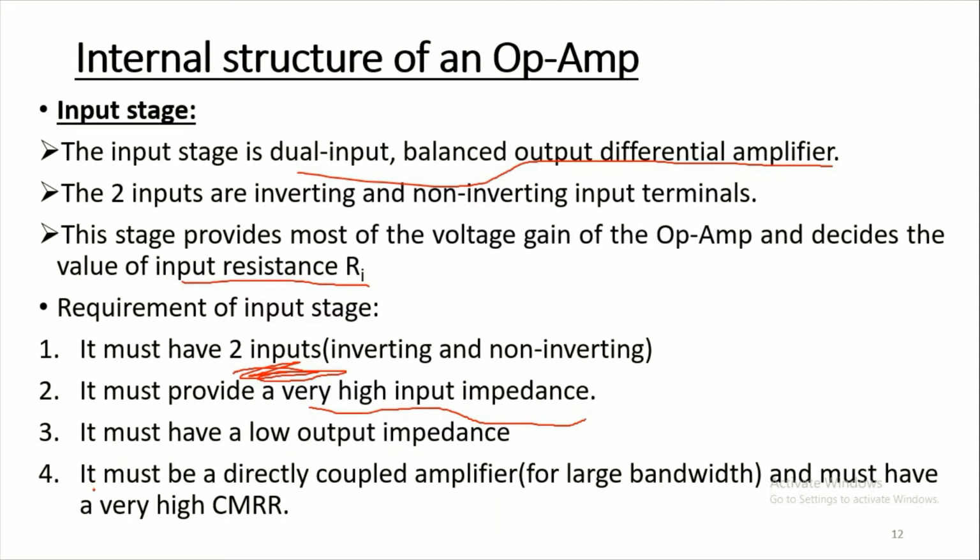And the fourth one is, it must be a directly coupled amplifier for large bandwidth, and it must have a very high CMRR. CMRR means common mode rejection ratio, meaning its ability to eliminate noise should be very high.